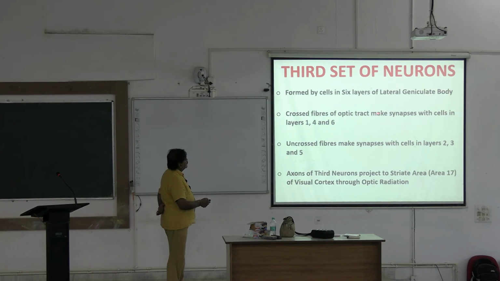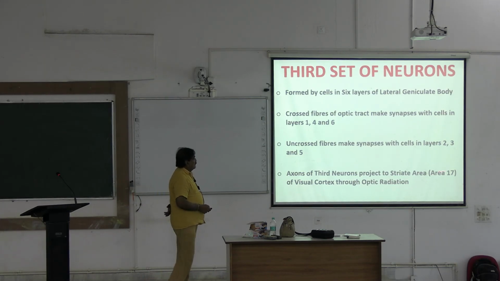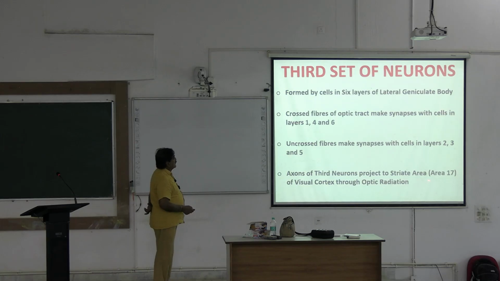Axons of the third neurons project to the striate area 17 of visual cortex through optic radiation.